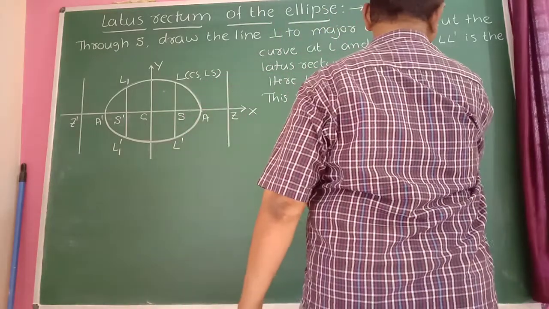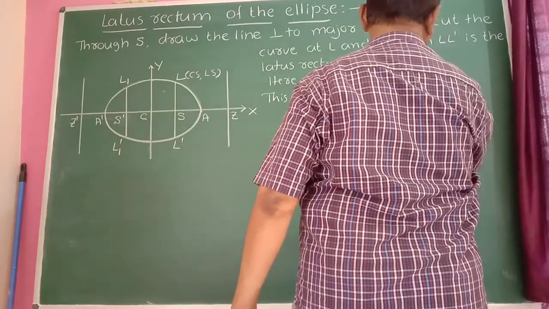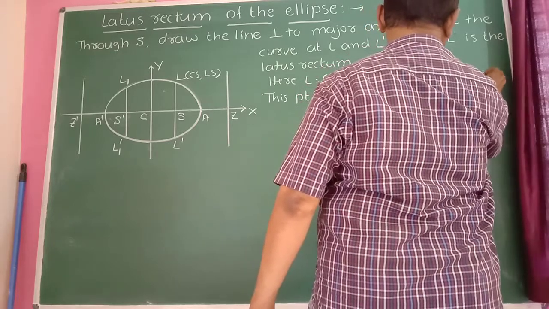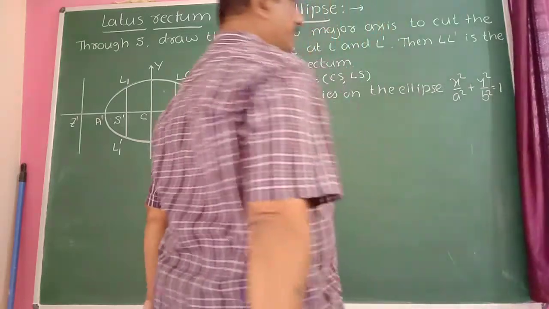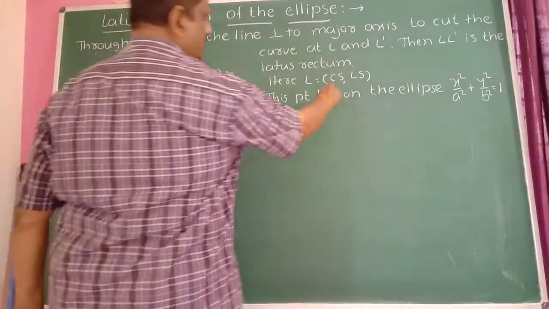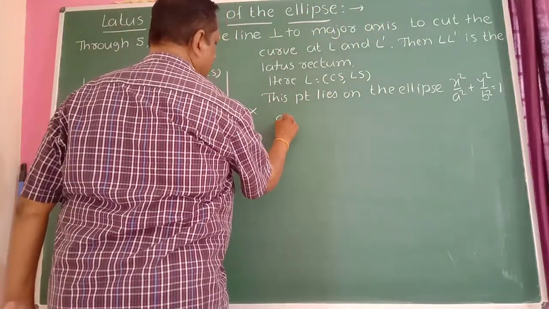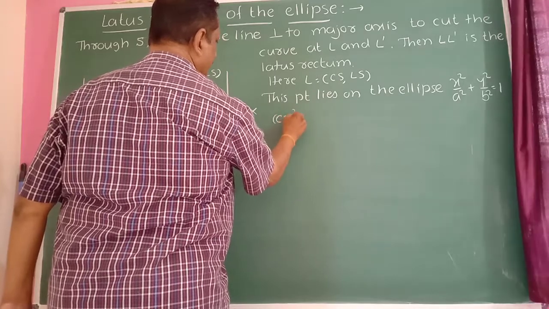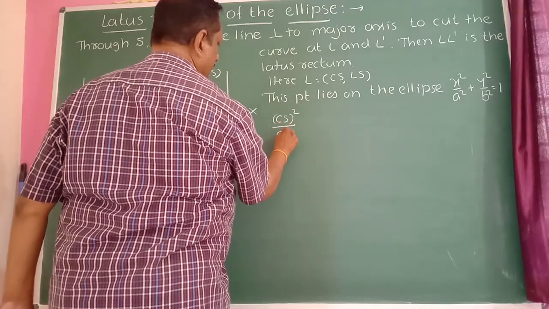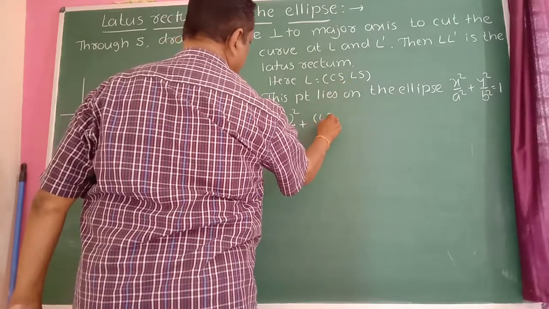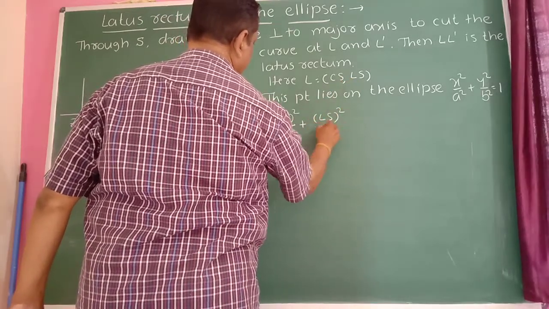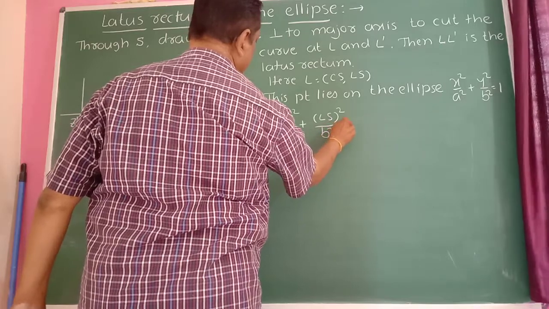The equation of the ellipse is x square by a square plus y square divided by b square is equal to 1. So x is CS, so CS square divided by a square plus y coordinate is LS, so LS square divided by b square is equal to 1.